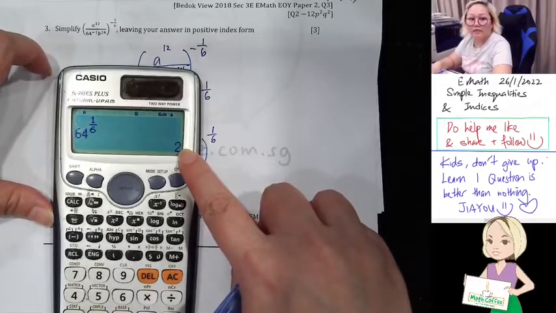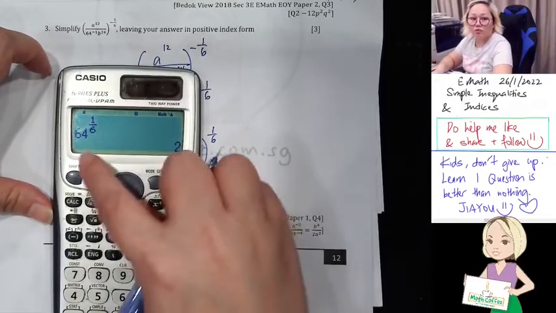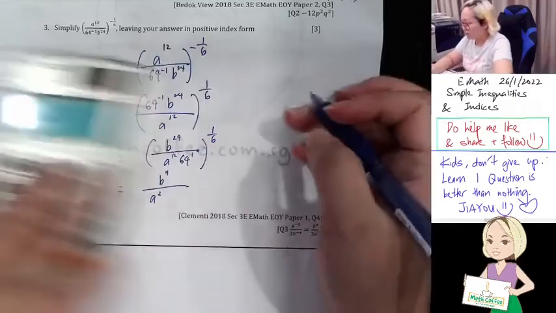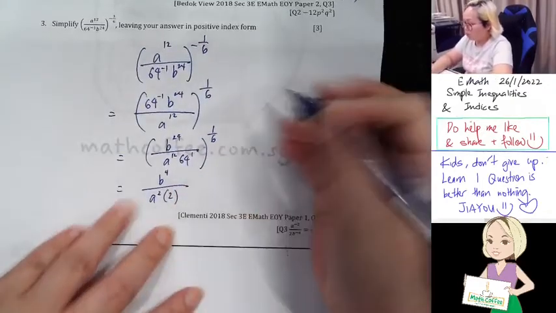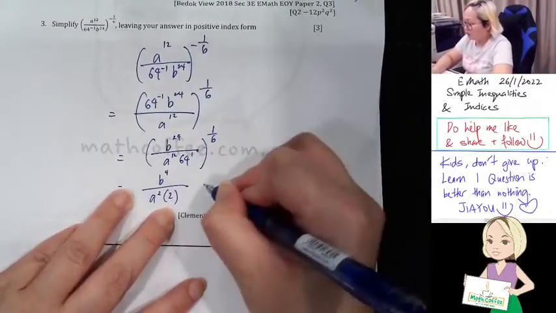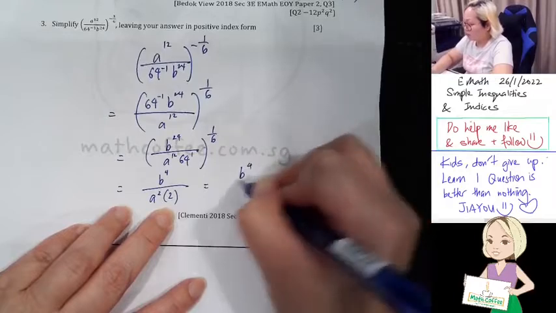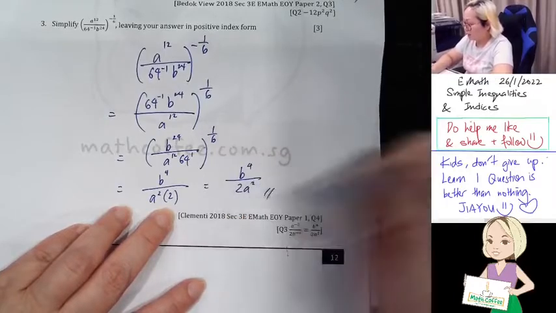So when we take the 6th root of 64, it gives us 2. So this one becomes 2. The 2, of course, we don't write it here. So I just rewrite: it's B4 over 2A squared. Done.